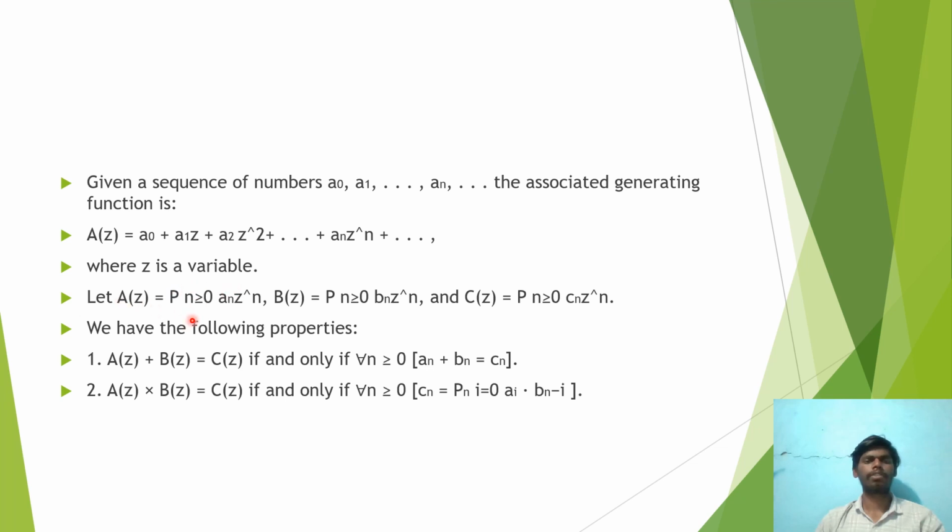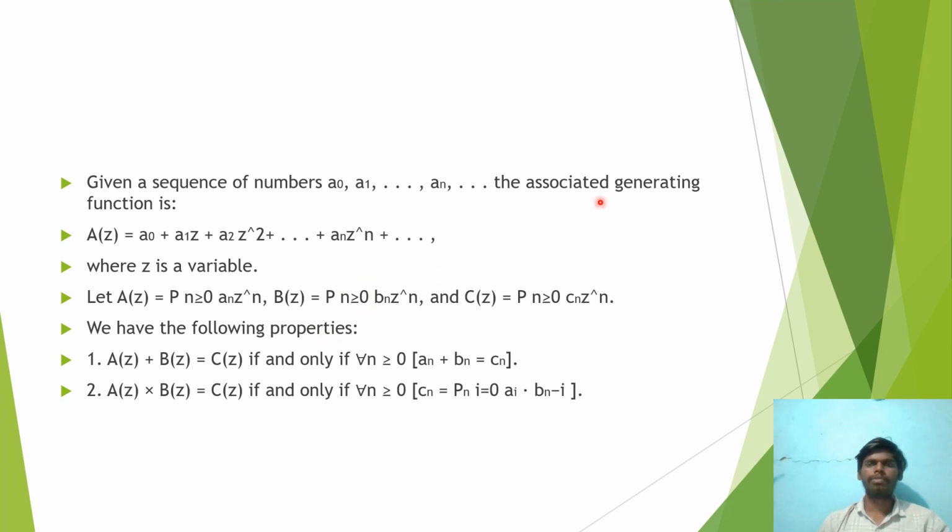A(z) is equal to the sum over n greater than or equal to 0 of a_n z to the power of n, B(z) is equal to the sum over n greater than or equal to 0, and C(z) is equal to the sum over n greater than or equal to 0.